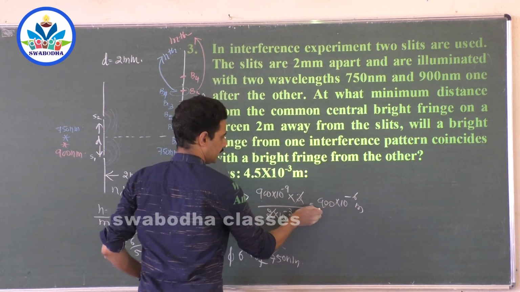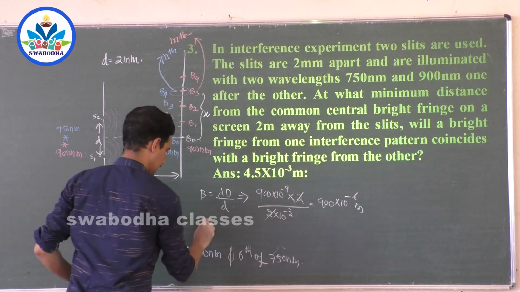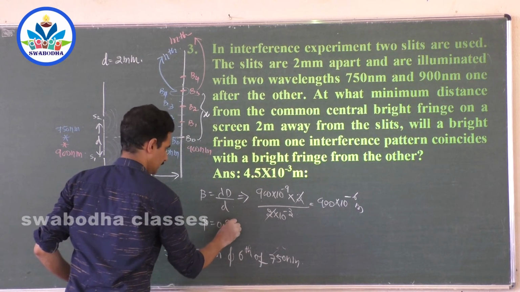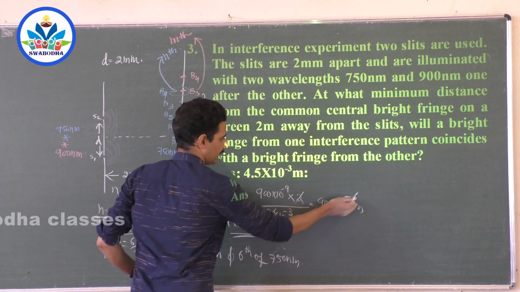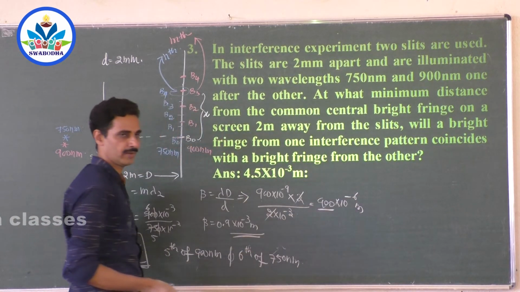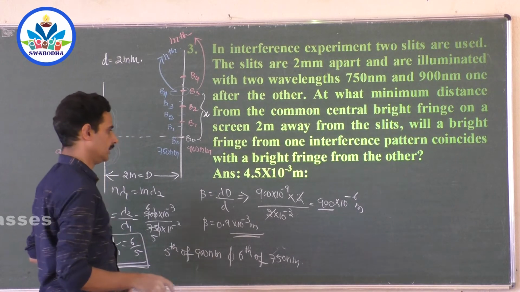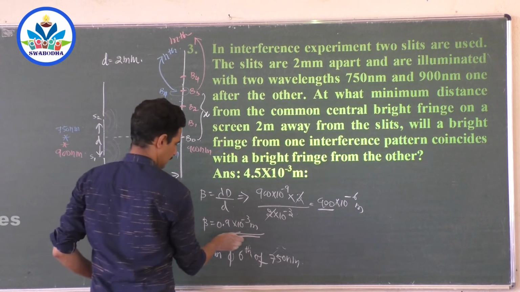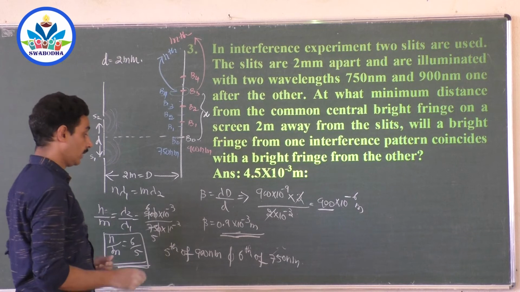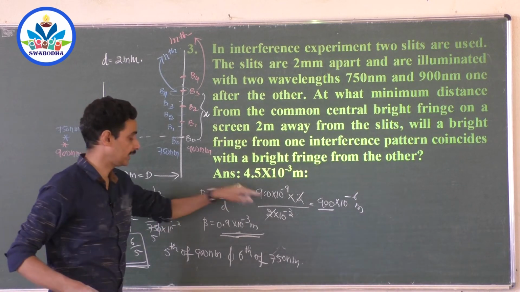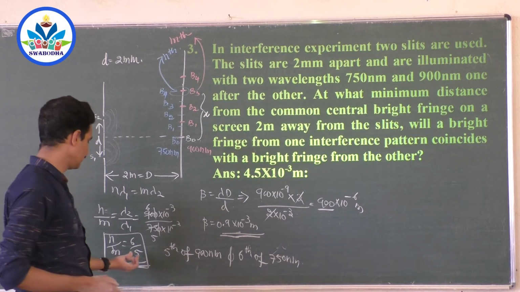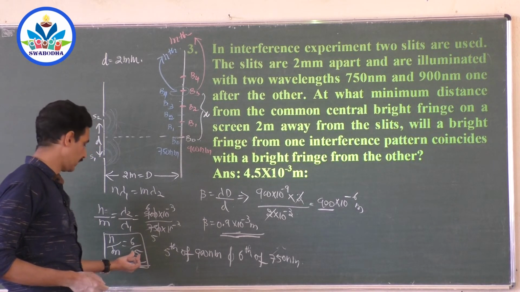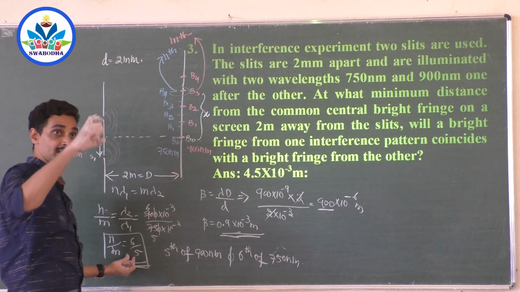Minus 3 I will give here, 0.9. Beta is equal to 0.9 into 10 to the power minus 3 meters. Now, how many betas for 900? Only 5 betas are enough, because 900 has larger steps.